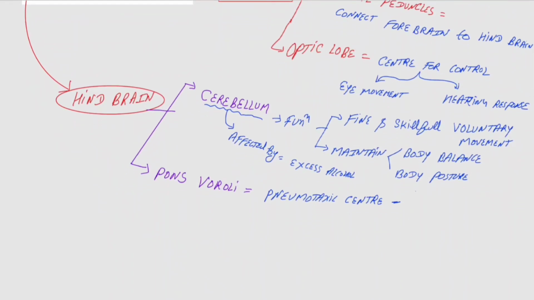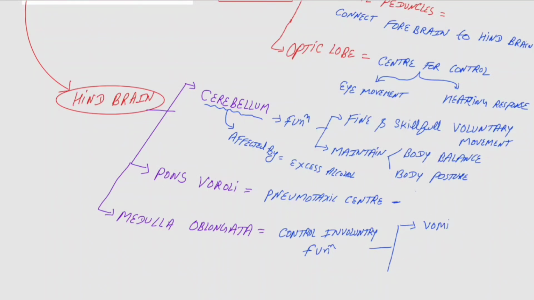Now let's talk about the last part of the hindbrain, that is medulla oblongata. The medulla oblongata controls involuntary functions like vomiting, sneezing, coughing, heartbeat, and rate of breathing.